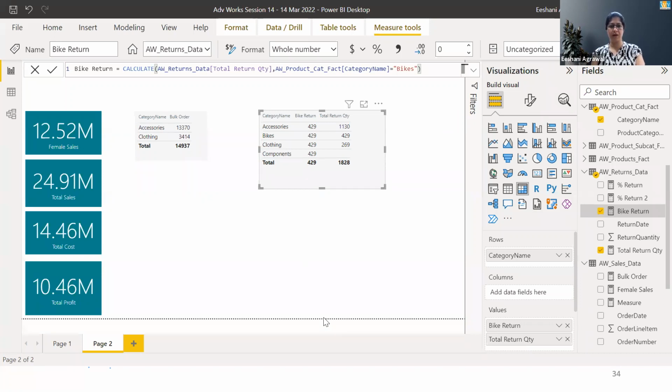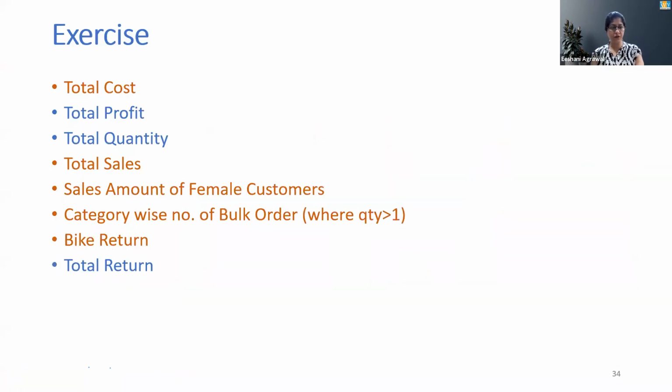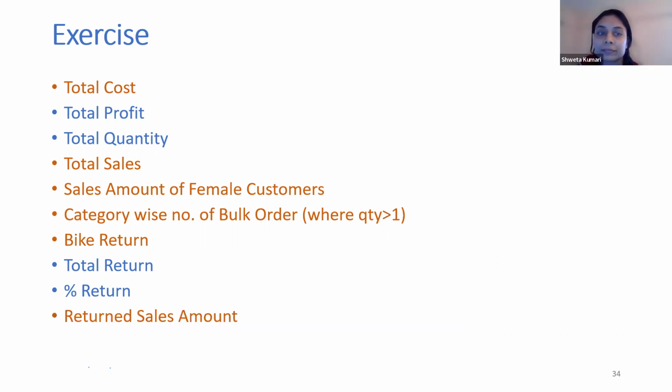What is the thing I asked for? What are the total returns? This is already calculated. What is the percentage return? We have calculated that too. We can now do returns divided by the total quantity, right? Yes, we have calculated it.